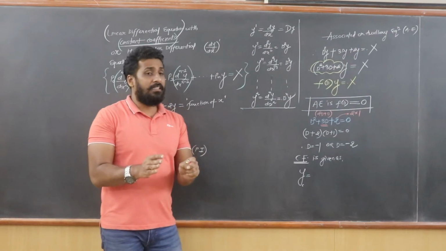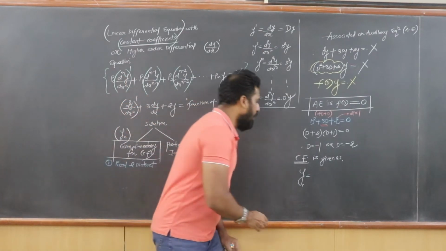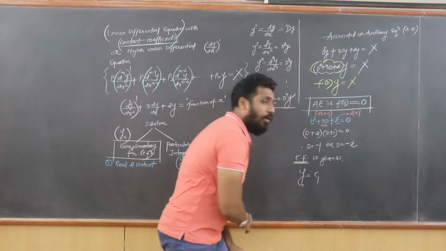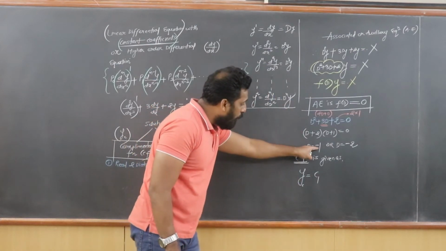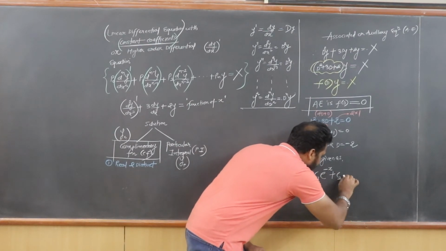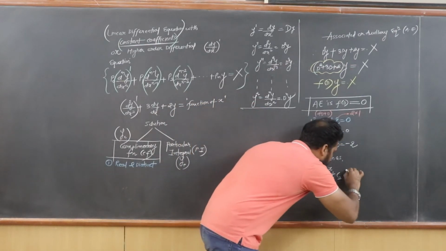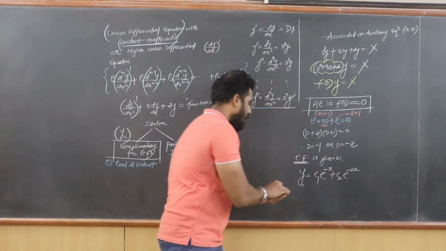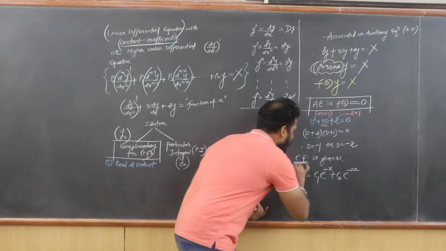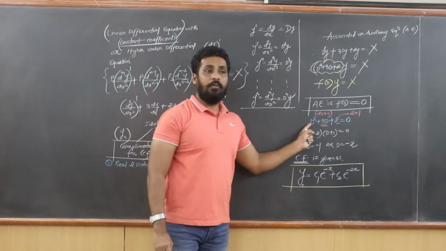That signifies that there are two constants which are going to come, so it can be written as c1 e raised to minus x, since the first value is minus 1, plus c2, the next constant, e raised to minus 2x, since the next root is minus 2. That's how I get the complementary function for the given differential equation.